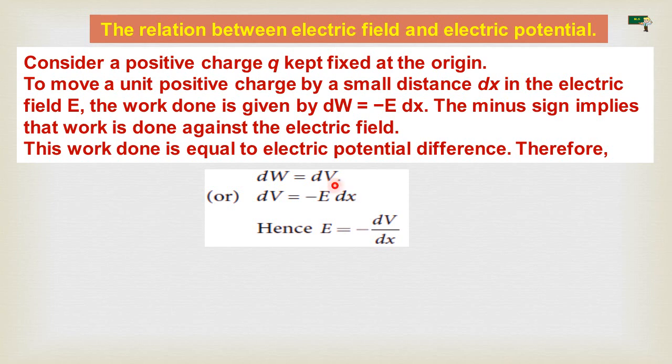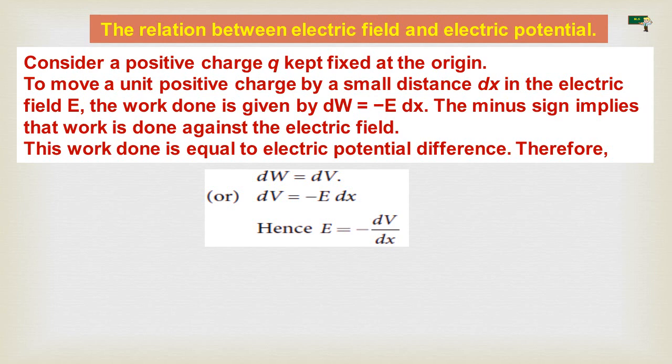To move a unit positive charge by a small distance dx in the electric field E, the work done is given by dW equal to minus E into dx, because we are moving the charge against the repulsion force. So it should have a minus sign, a negative effect.